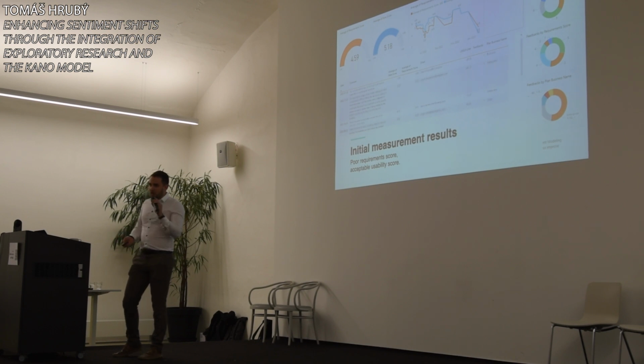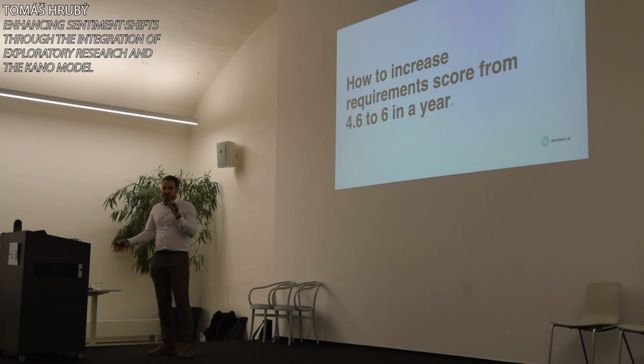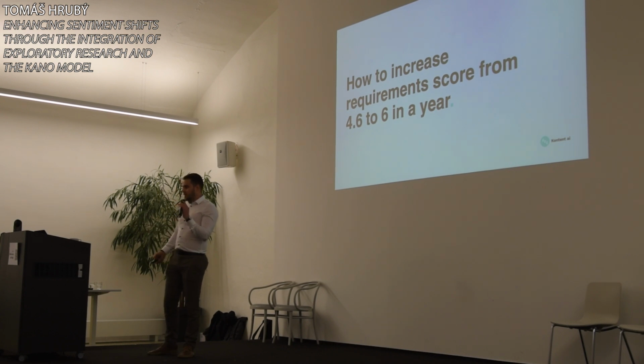So our goal was clear by then, that we wanted to increase the requirements fit from 4.6 out of 7 to 6 out of 7 in a year or a year and a half. You get the point.